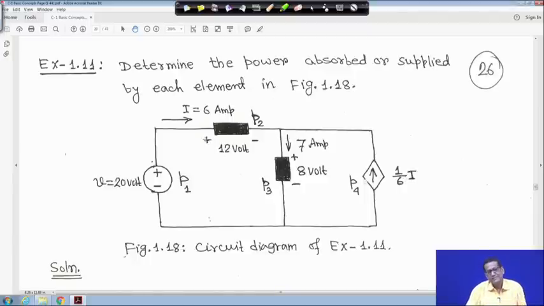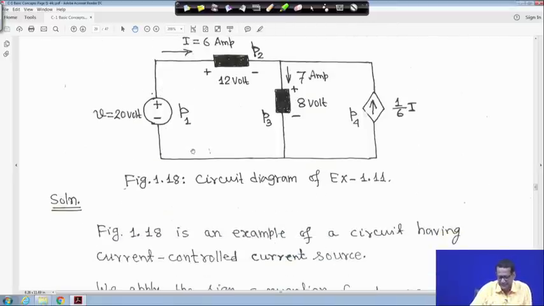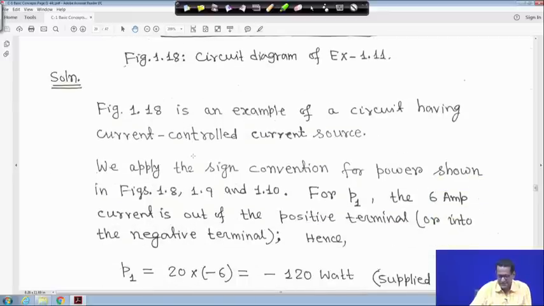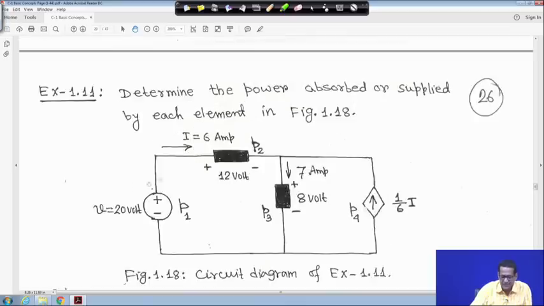In our previous discussion we have seen that when current is leaving the positive terminal of a voltage source, that means power is supplied and the sign will be negative. In this case, this I1 current is coming out from the source, leaving the plus terminal, that means power supplied, conventionally negative.